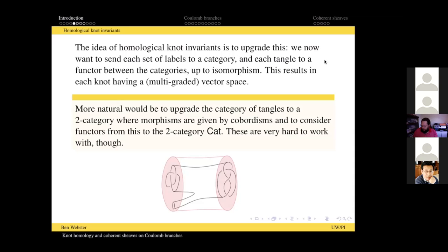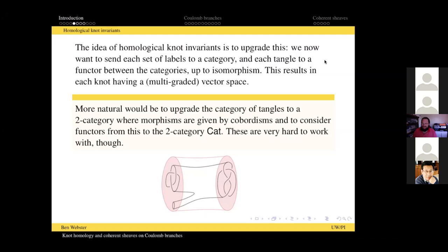And you can get back these polynomial knot invariants by taking a graded Euler characteristic. All right. Now, the really right way to do this would be to say, oh, actually, there's a two-category structure on tangles. So I can define morphisms between tangles by looking at cobordisms between them. And there is a lovely talk I wish I could be giving where I explain all of that and then tell you how that maps into some two category.